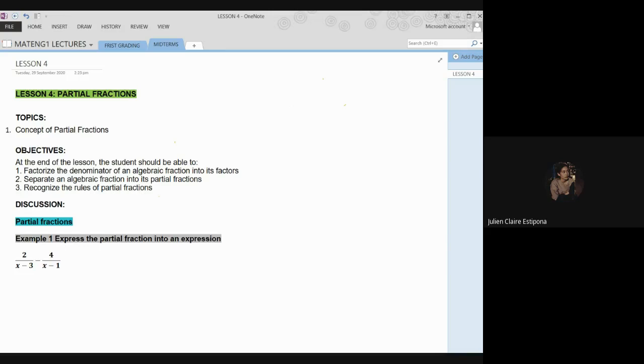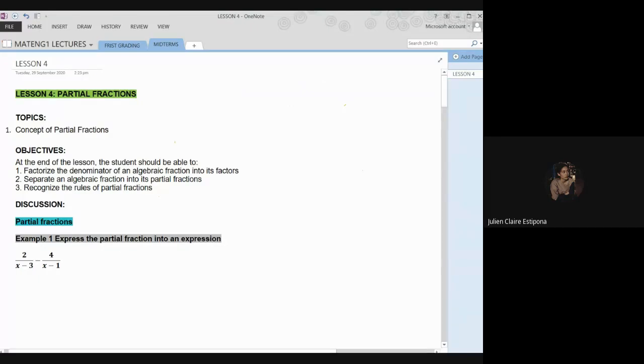So we have here three rules for partial fractions for the expression containing linear, then quadratic, and then cubic, ganun lang siya. And then we are going to convert the algebraic expression into its partial fraction, and then express partial fraction into its algebraic expression. So, ganun lang ang gagawin natin.